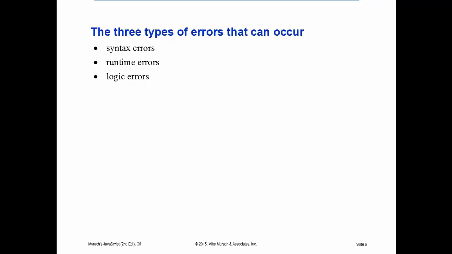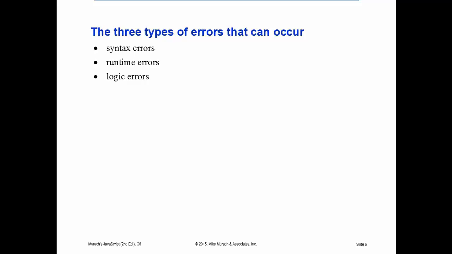So, the 3 types of errors: syntax errors, runtime errors, and logic errors. Syntax errors are the easiest to spot, and they're usually the easiest to fix because it's an error in the language. What I mean is you spell var wrong.